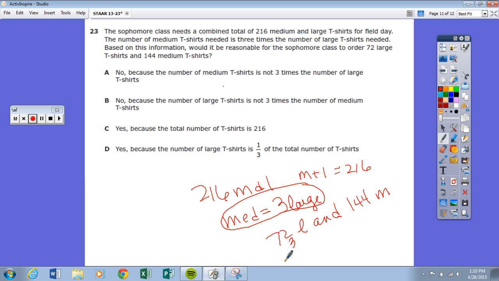Well, 3 times this is actually the complete 216, so no, this is not reasonable. It does not work. And so it's either A or B, and that's what I would write. The number of medium shirts is not 3 times the number of larges.